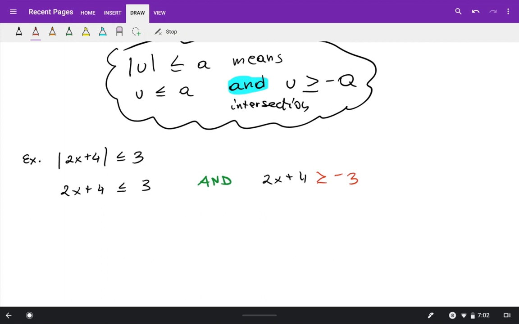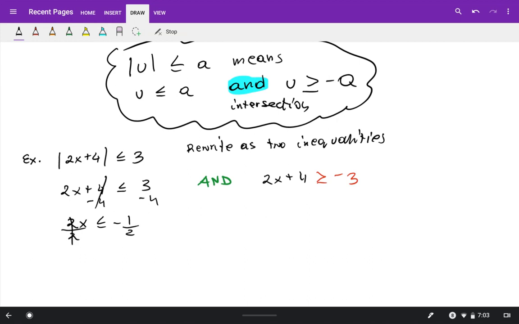And now we're just going to solve two inequalities. So here, rewrite as two inequalities. Okay, now we're going to solve it. So I subtract 4 from both sides. We have 2x less than or equal to negative 1. Divide each by 2. We're having x less than or equal to negative 1/2.